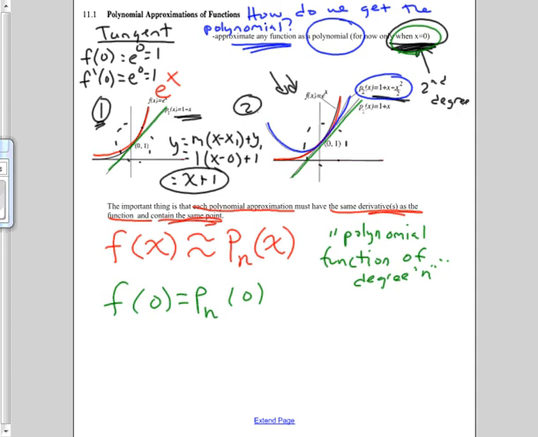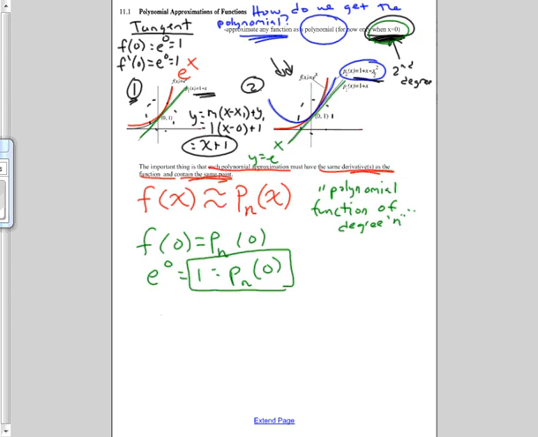Well, we know f of 0 because we're looking at the function y equals e to the x. So f of 0 is e to the 0, which is 1. So we know that our polynomial function at 0 must also equal 1. Good. So what else?